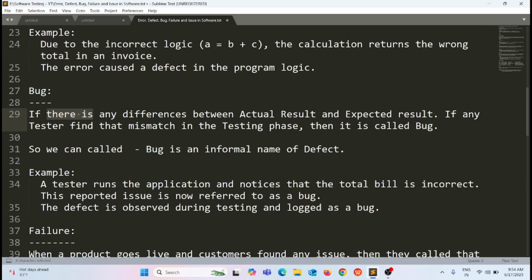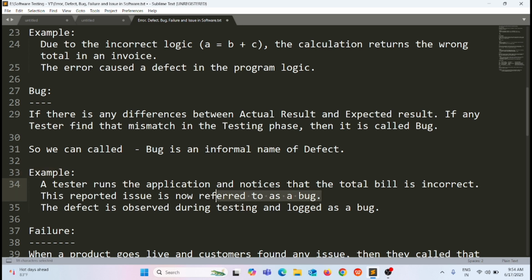Now let's take one example of a bug. A tester runs the application and notices that the total bill is incorrect. Suppose as a tester I am testing one application and I get one bill, and I can see that the total amount of the bill is incorrect. So this reported issue is referred to as a bug.